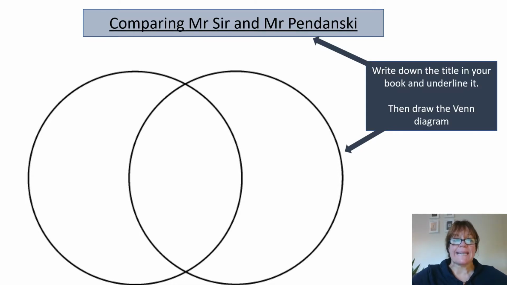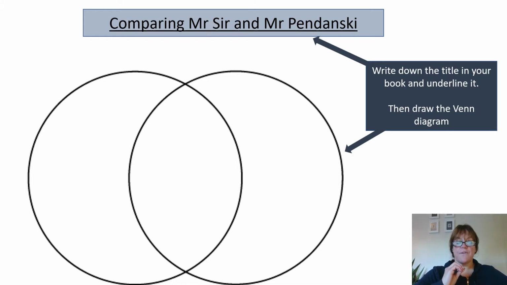Well done for completing the starter activity. I hope you managed to find out what the word cantankerous means. I'm definitely going to try and use it at some point today. So today's lesson we are going to be comparing the characters of Mr. Sir and Mr. Pendanski.